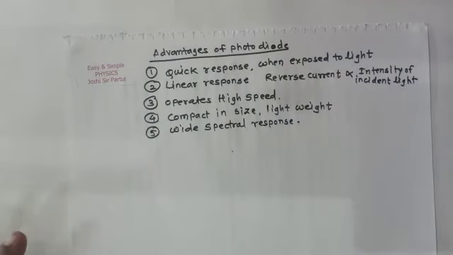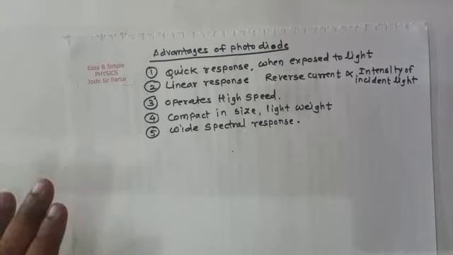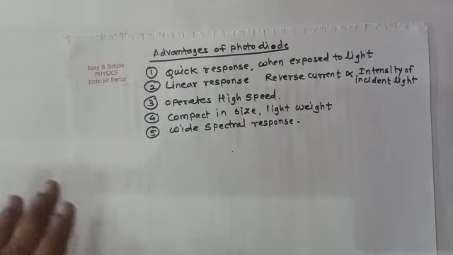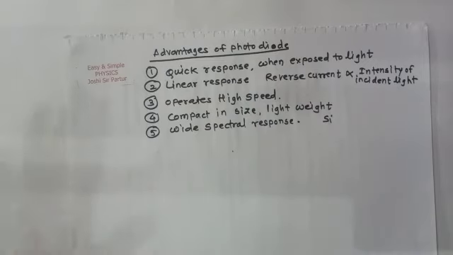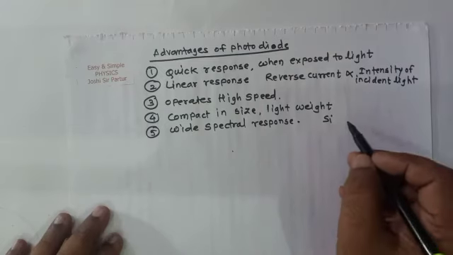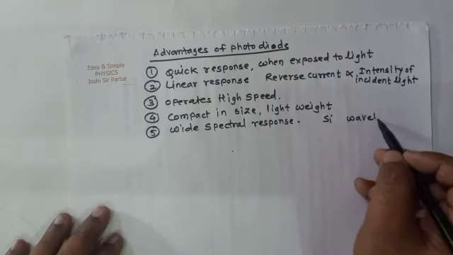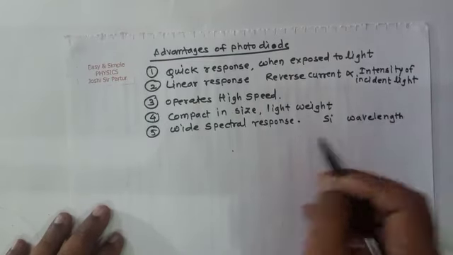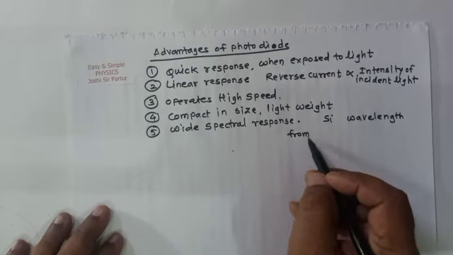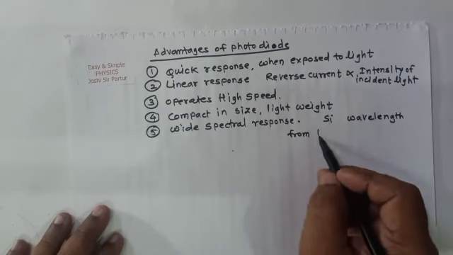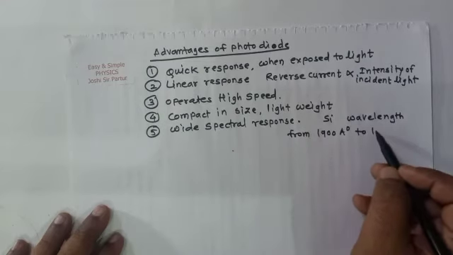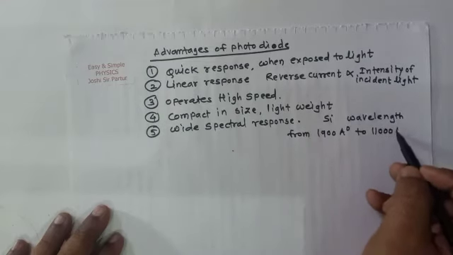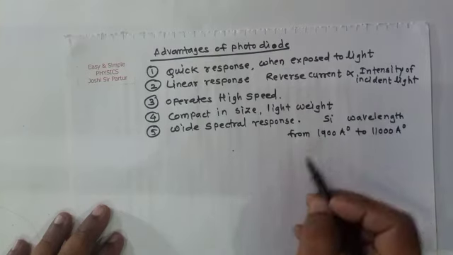Photodiode is made from silicon and responds to radiation of wavelength from 1900 angstrom unit to 11,000 angstrom unit.